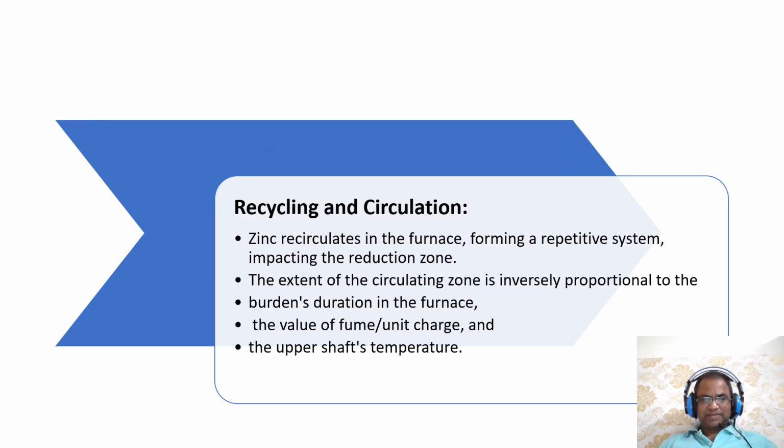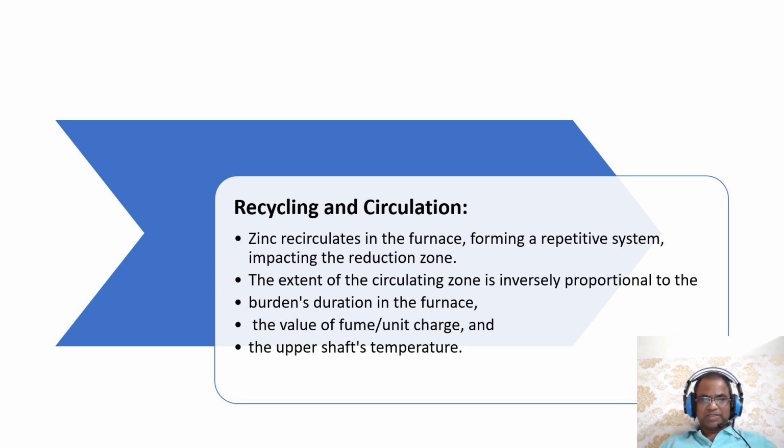And as this phenomenon keeps on going due to the recycle and recirculation of this zinc vapor, we must not forget that this circulation phenomenon is directly proportional to the burden duration in the furnace, the value of fume loading, that is the zinc loading, and the upper shaft temperature.